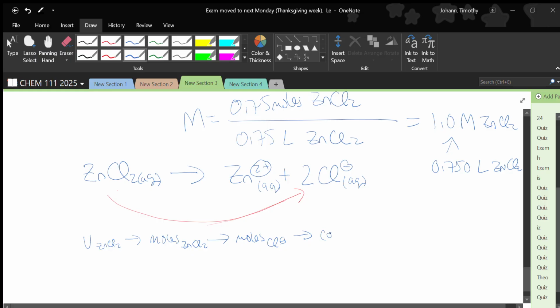So concentration, oh, that's a new one, of chloride ions. Which is okay because our volume isn't going to change.